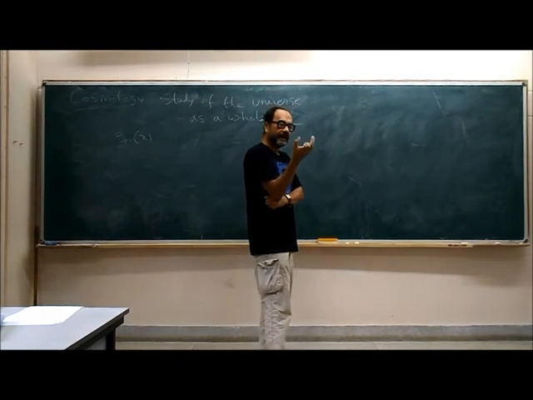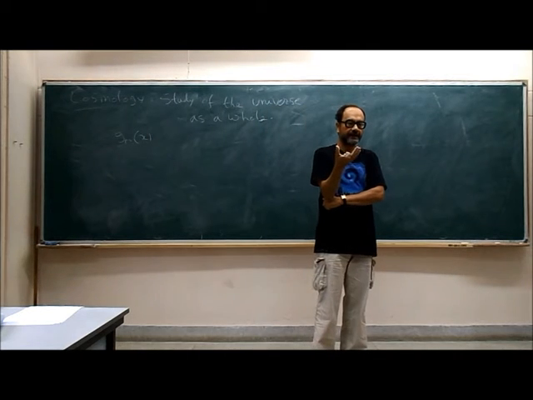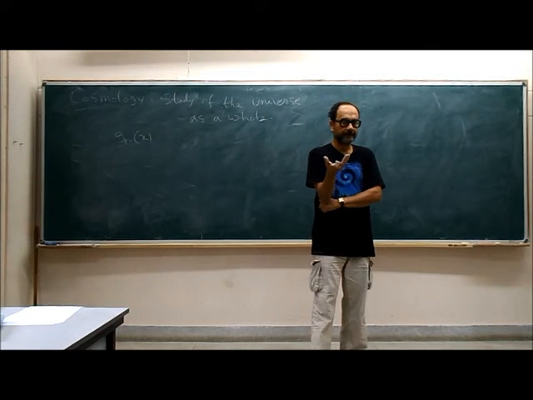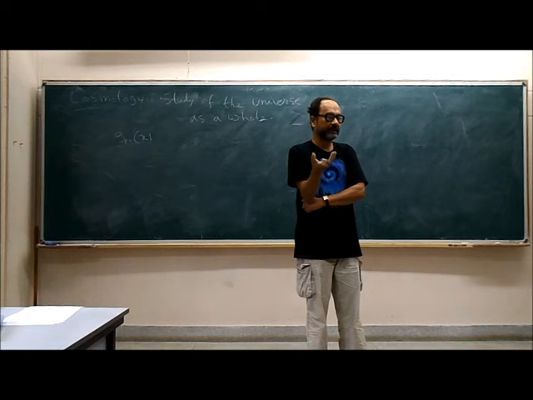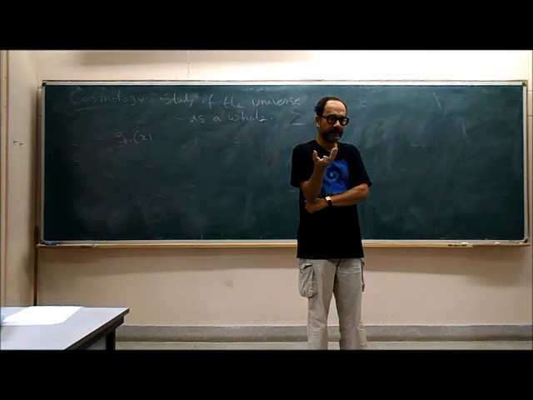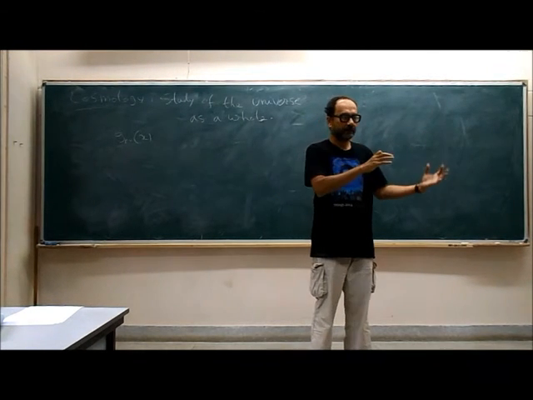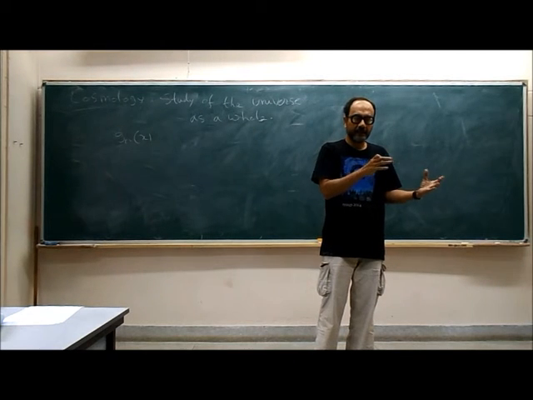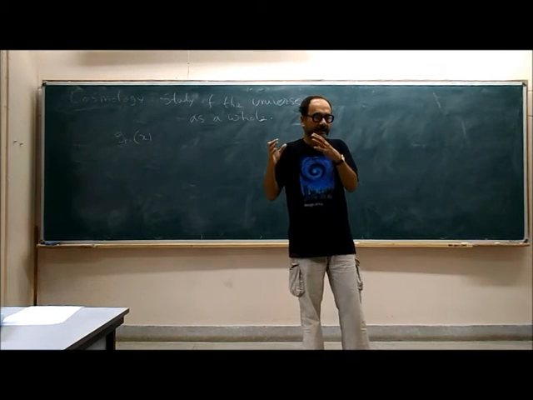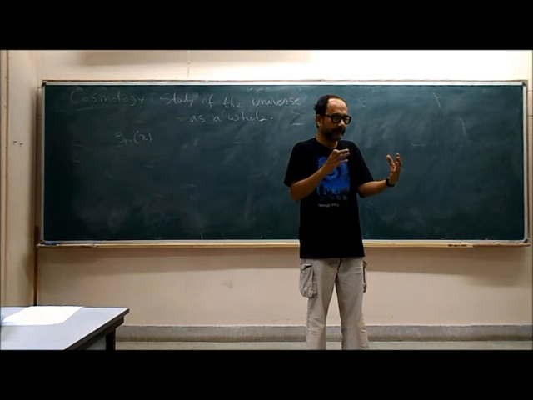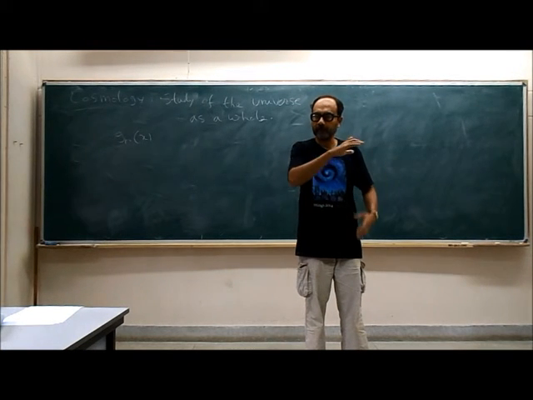Now this makes the former statements a little strange, because we are saying the universe is homogeneous, that it looks the same in all different regions. But at the same time, to compare different regions, we have to fix the notion of a time.